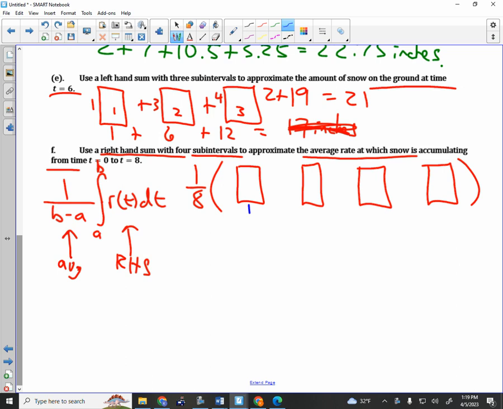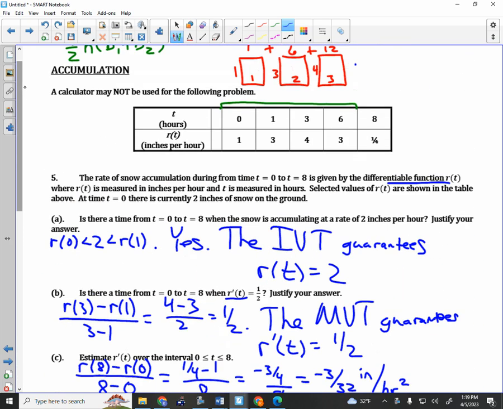The second one, third one, and the fourth one? Does anybody have questions on how I came up with 1, 2, 3, 2? The distance from 0 to 1 is 1. From 1 to 3 is 2. From 3 to 6 is 3. From 6 to 8 is 2. So this tells us our width. These tell us our height.